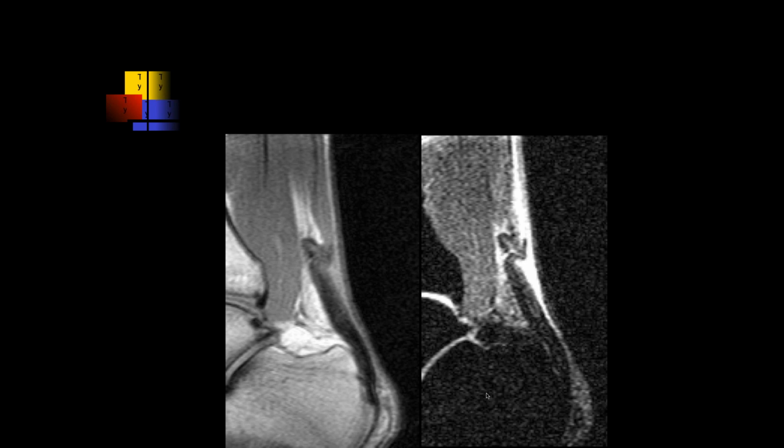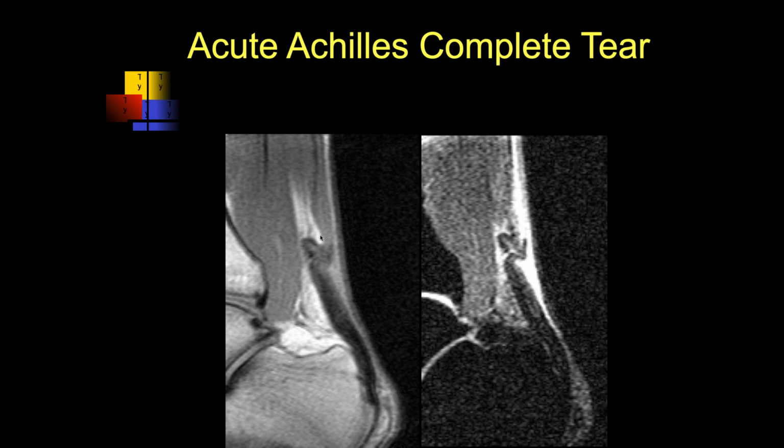Thank you. Here we have 2 sagittal images through the Achilles tendon. It looks like there's a complete tear about 2 to 3 centimeters from its insertion on the superior aspect of the calcaneus, and I do not see the proximal retracted tendon, so it could be retracted beyond the field of view. What can happen in some of these acute injuries is that it actually pulls, and it's a little bit like spaghetti. The force is very great.